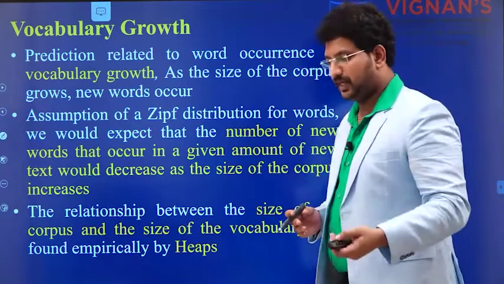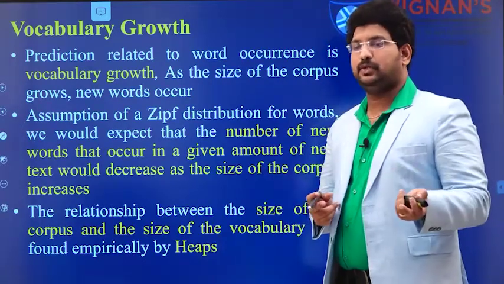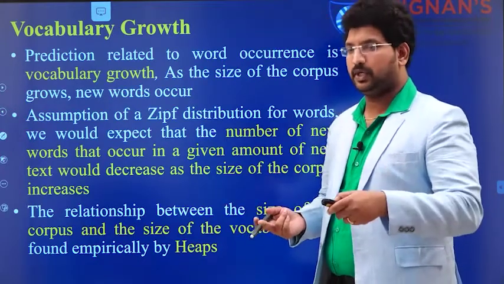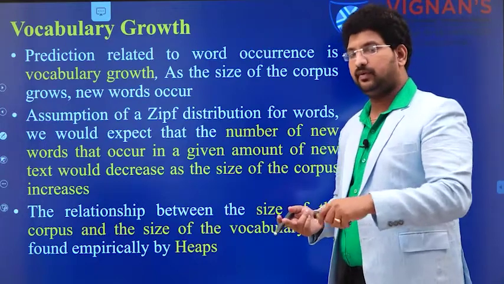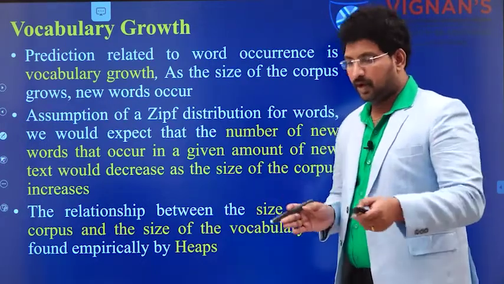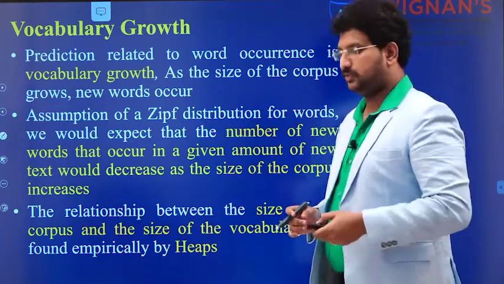As we already know, rank is inversely proportional to the frequency of the word. If the frequency of the word increases, the rank decreases. So up to now we discussed Zipf's law and some important points about it.